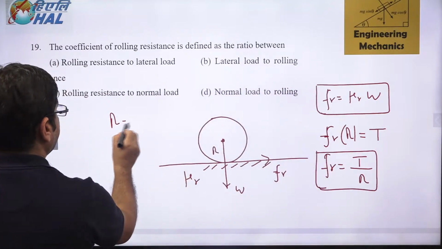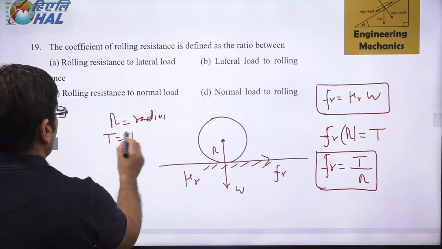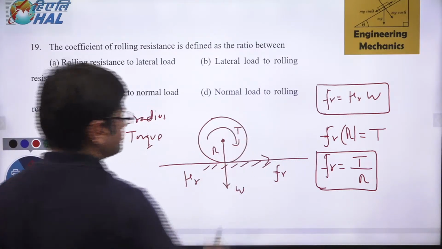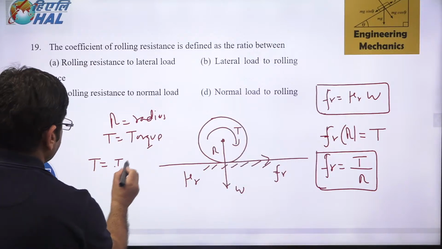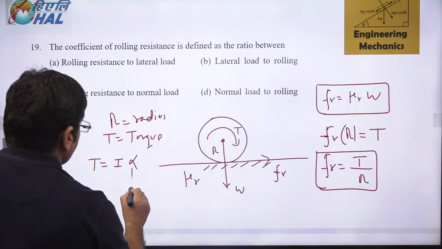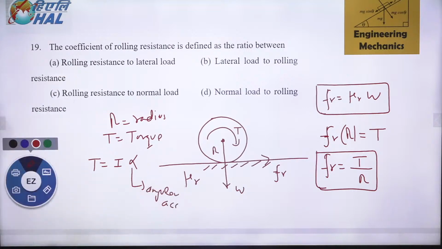R is the radius of this roller, T is the torque acting on this particular body, which is rotating it. And how do you calculate torque? Torque is I into alpha, like force is M into a. I is the moment of inertia and alpha is the angular acceleration.